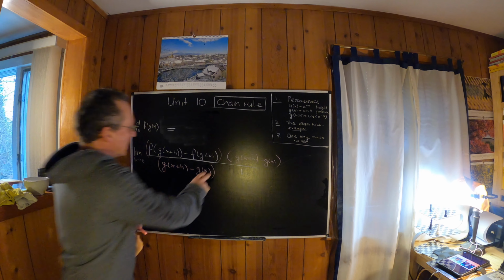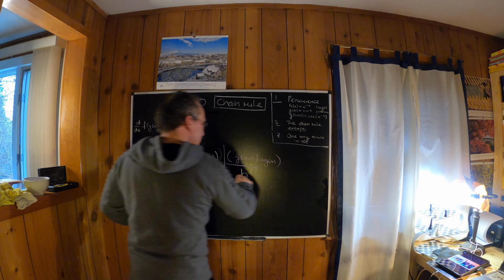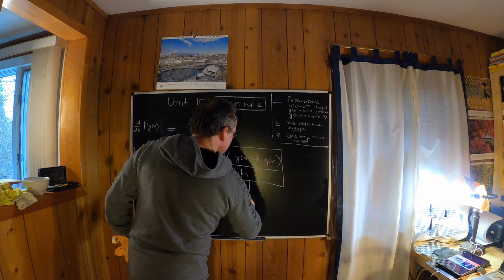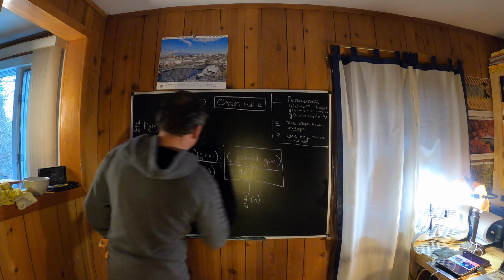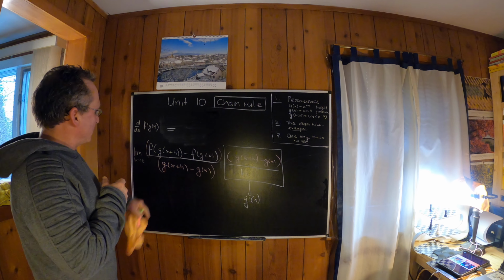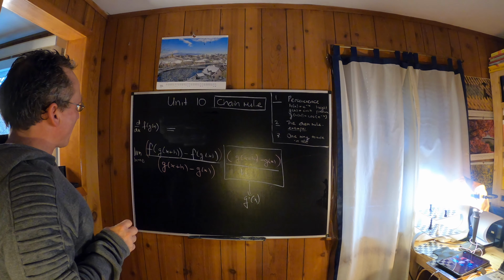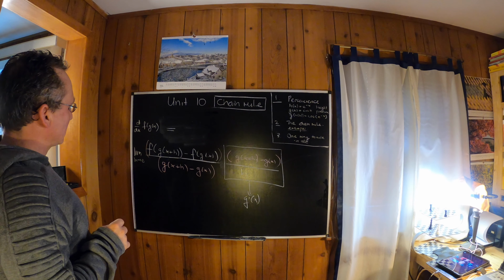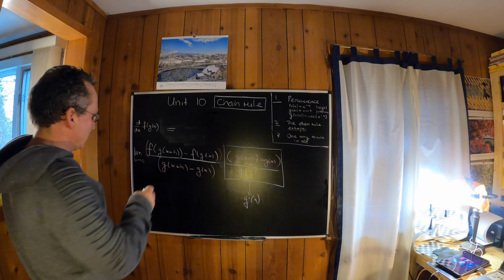So why did we do that? Because this part here goes to g prime of x. And this part here we can write a little bit differently.